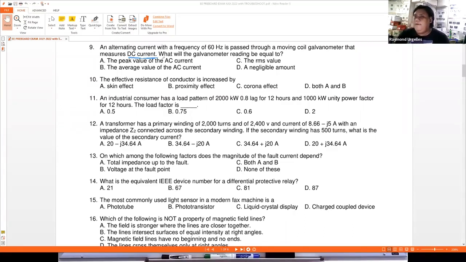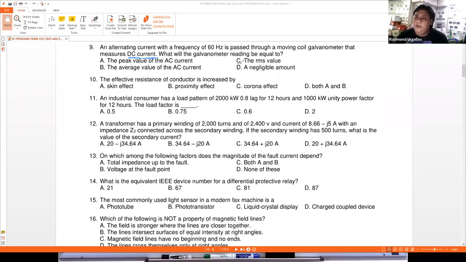Because when we say average value of the AC current, that is just half of the cycle. What we mean by the average value measured by the galvanometer is the average over the whole waveform. For example, if you used it for 30 seconds, we take the average value over the whole 30 seconds. Again, it is based on definition. So the more correct answer here is a negligible amount.